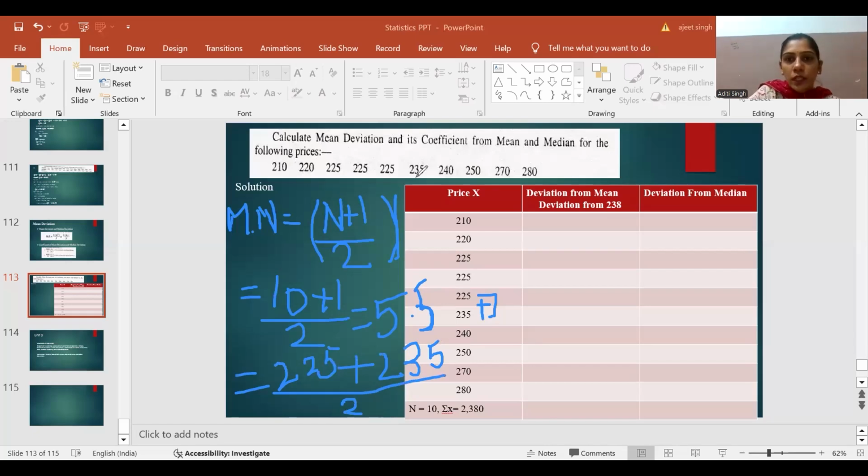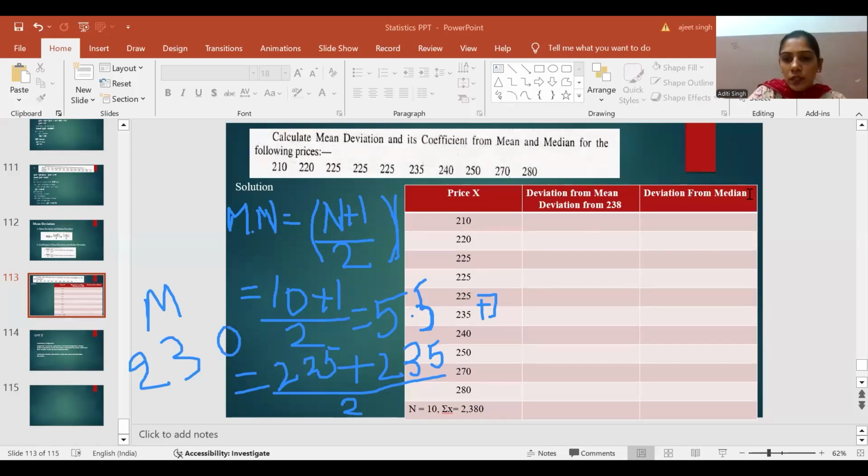Let's use the calculator: 225 plus 235, then divided by 2. The answer is 230. So here the median is 230.